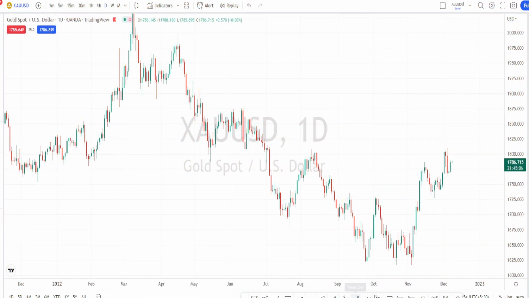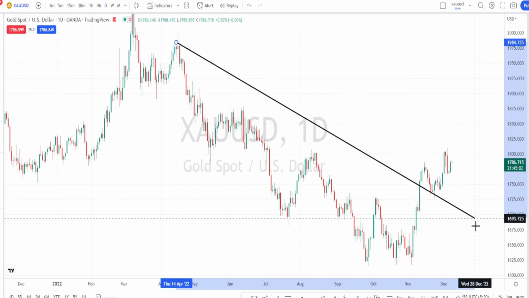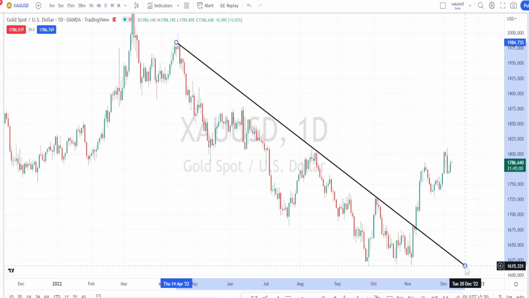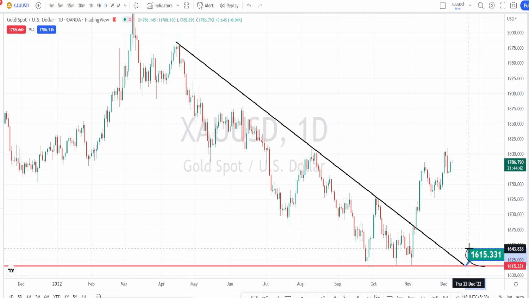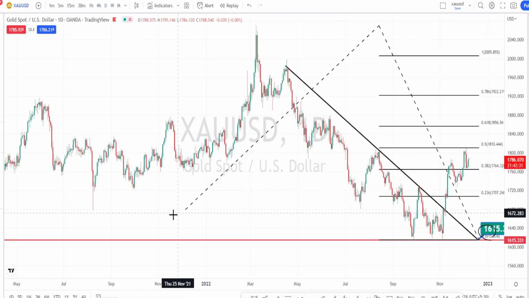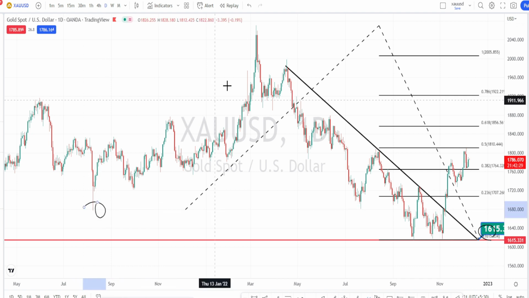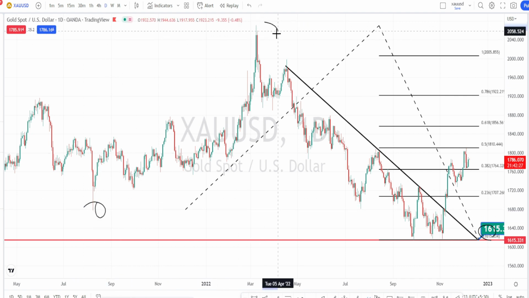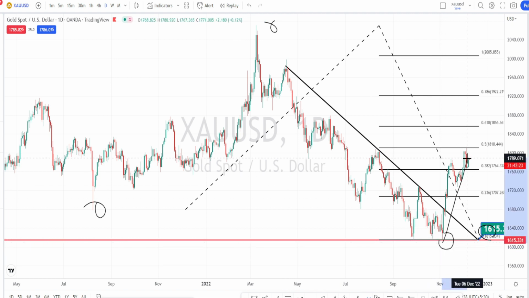I'm in daily time frame of gold, US dollar, currency pairs, and previously, as we already know, it was on a bearish trend, and after taking support around the support level of 1615, we have noticed a price action to bounce back on the bullish side retracement. And I have marked the Fibonacci levels connecting the previous low and previous high, and from the location where it started its bullish side retracement.